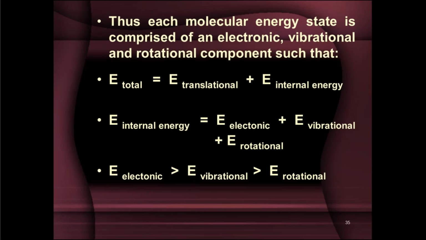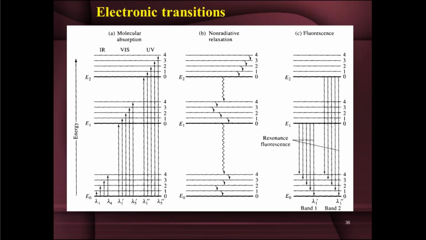Now, comparing the electronic, vibrational, and rotational, as I mentioned in the last slide, the electronic energy possessed by the molecule would be greater than the vibrational energy, which is greater than the rotational energy. So the least energy is the rotational energy.